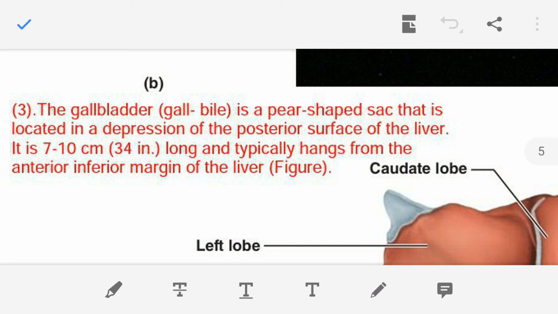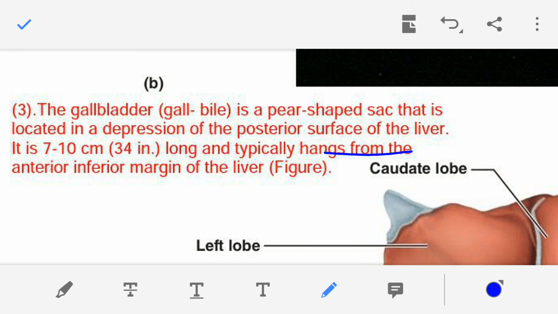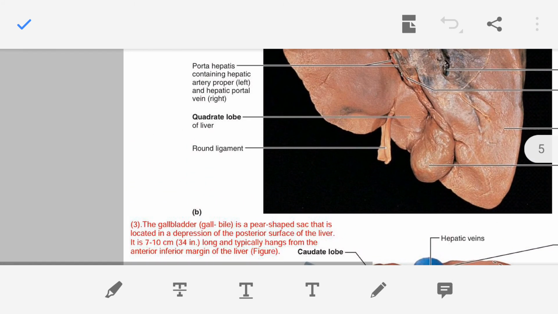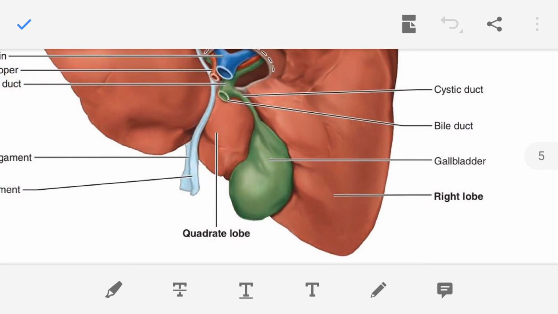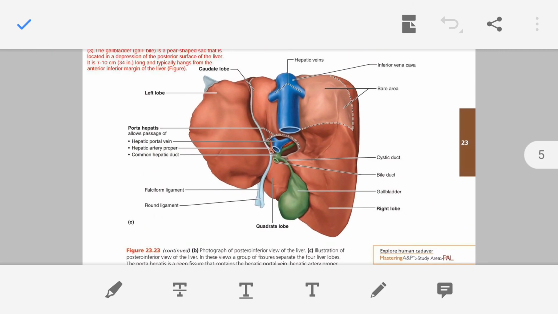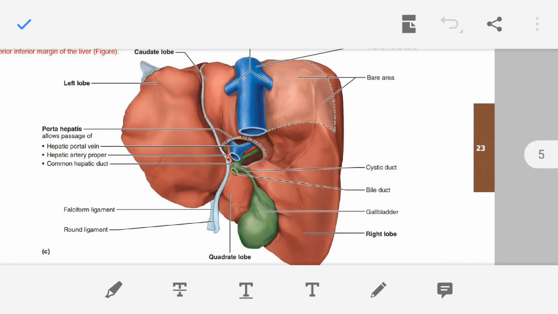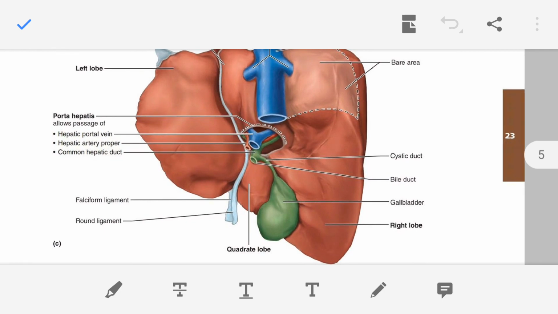And the gallbladder typically hangs from the anterior inferior margin of the liver. So here you can see the gallbladder in this figure also, which is shown in green color.